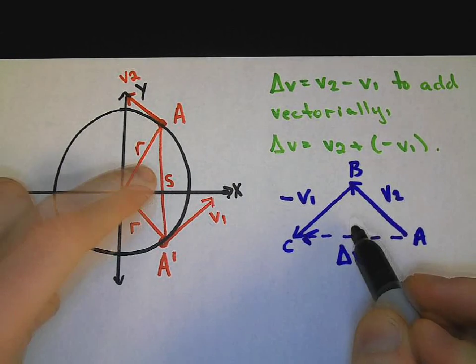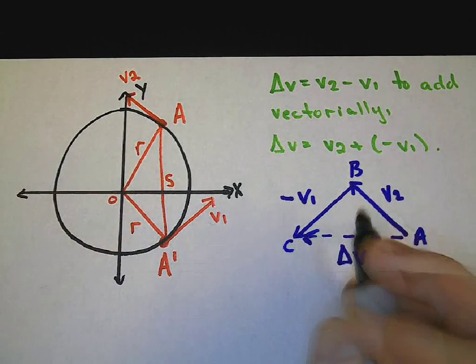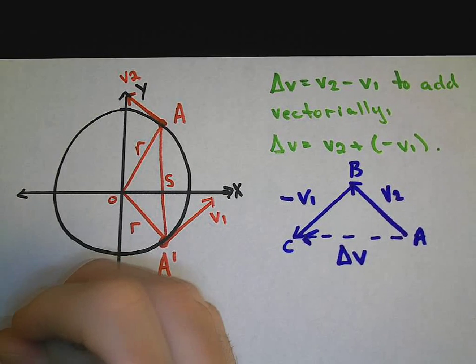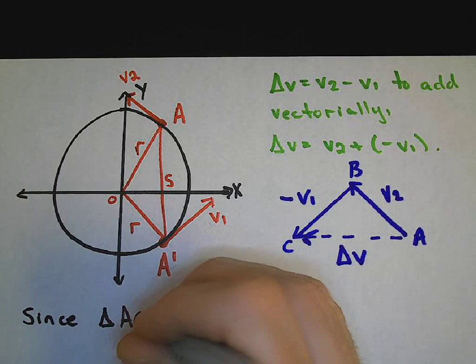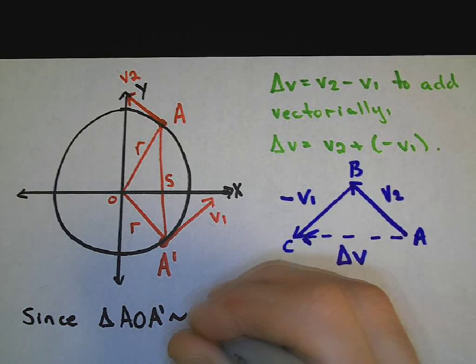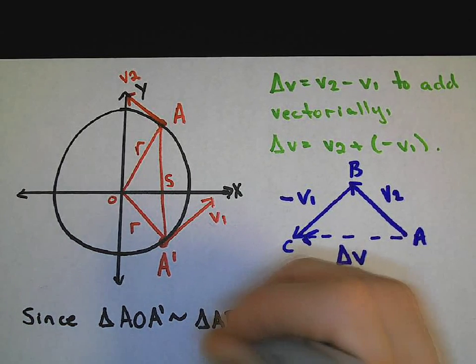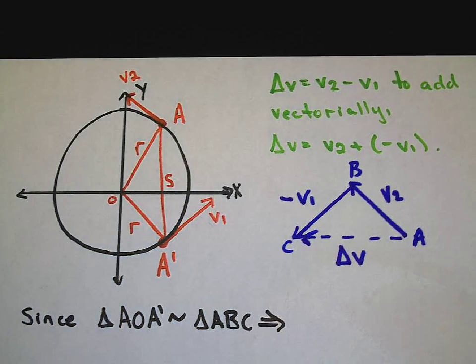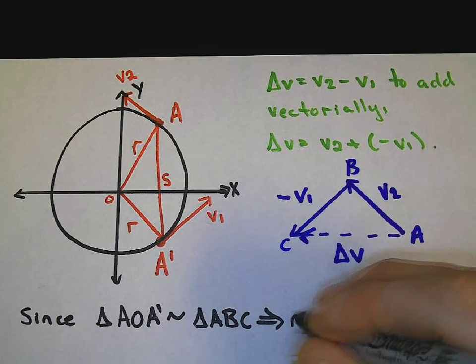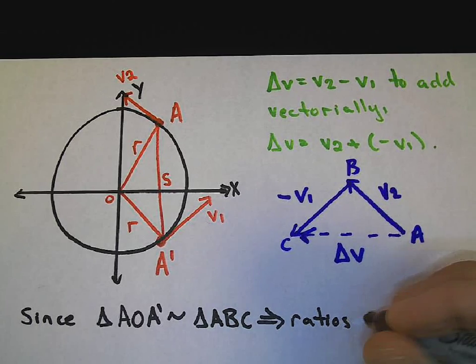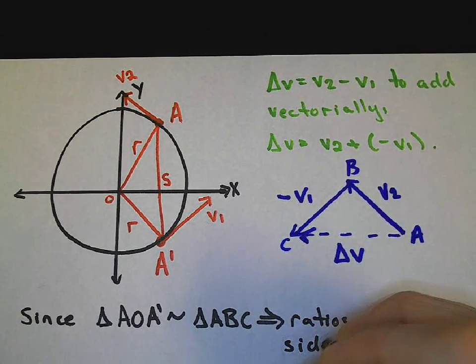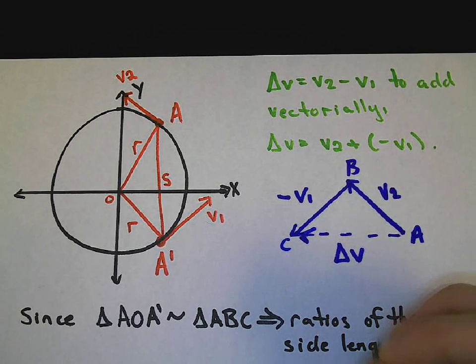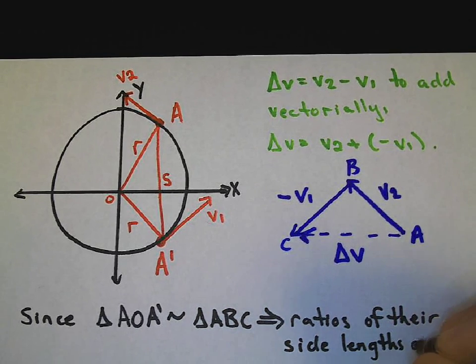These two triangles are similar because we're using both v2 and v1. So we could say, since triangle AOA prime is similar to triangle ABC, that tells us that the ratios of their side lengths are the same.